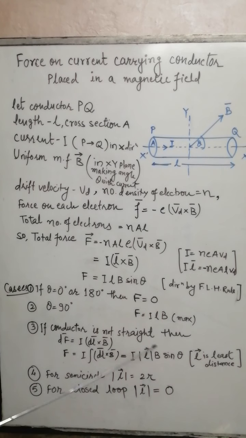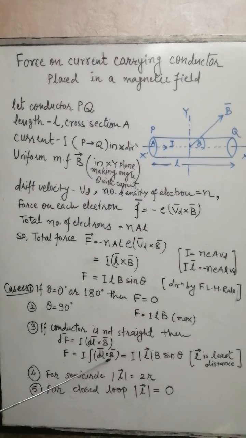If conductor is not a straight wire, then what will happen? We will take a small element, a small segment of that, find the small force and integrate it over that length. So a small force dF is equal to I dl cross B. To get net force, F is equal to integration of this. When we integrate it, the current is taken out of the integral sign because it is constant.